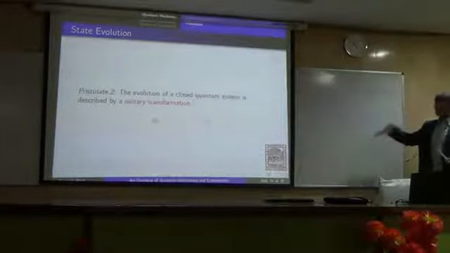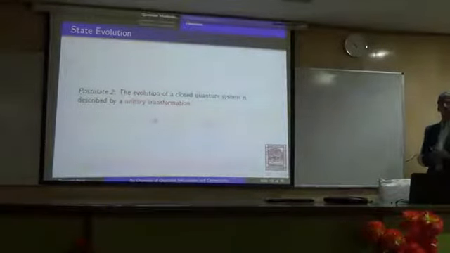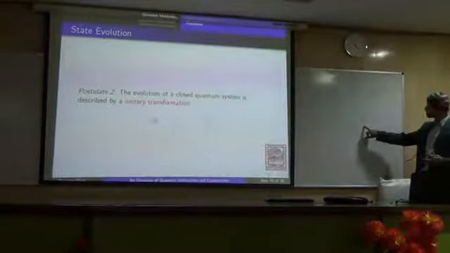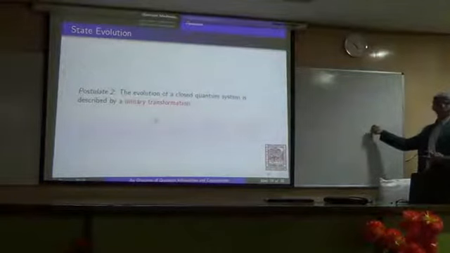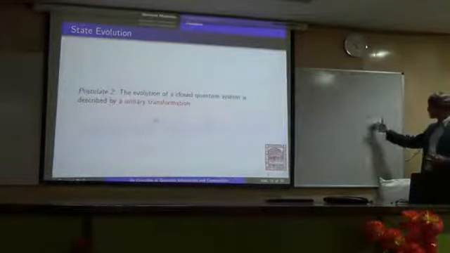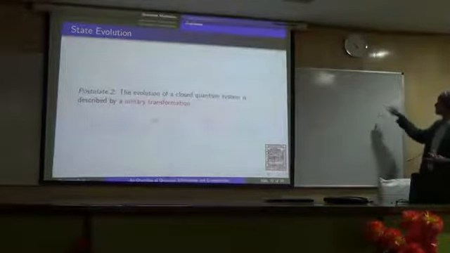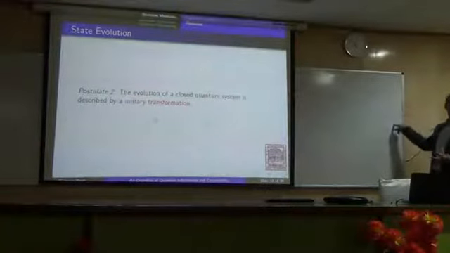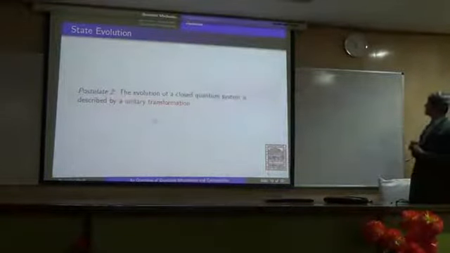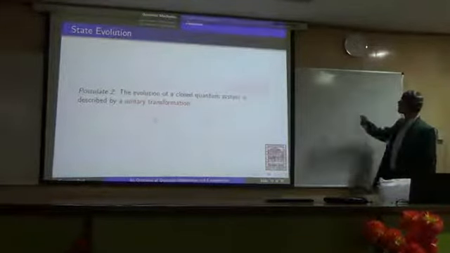So a matrix will be called a unitary matrix if after you multiply the matrix with its conjugate transpose, it gives you identity. No matter whether it is U conjugate transpose times U or U times U conjugate transpose. Such a matrix represents any physical process that can happen to a quantum particle.